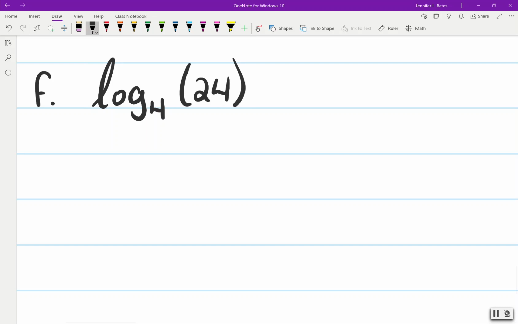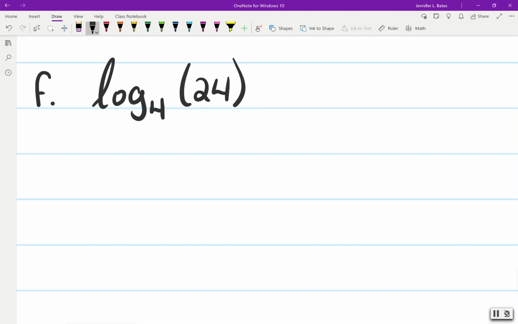So what's happening when we take log base b of b to the x is the inverse property is getting rid of them. They kind of cancel each other out, and we're left with whatever the exponent is. That's why log base b of b to the x is just equal to x, because of the inverse property.